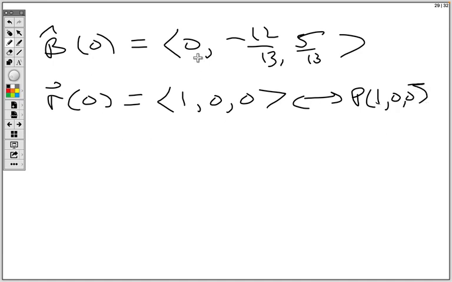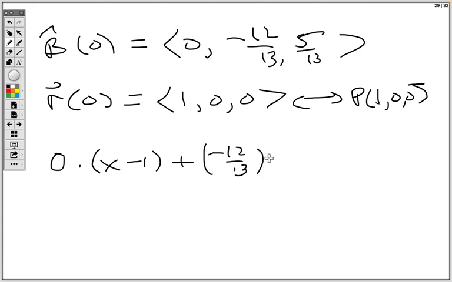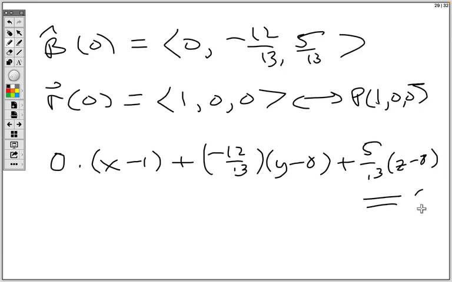And so how do you get the equation of the plane? You take 0 times x minus the x coordinate, plus negative 12/13 times y minus the y coordinate, plus 5/13 times z minus the z coordinate, and this is all equal to 0. Remember, some of you had w equals on there, but everything is equal to 0.